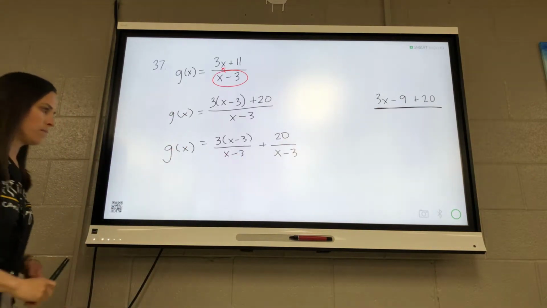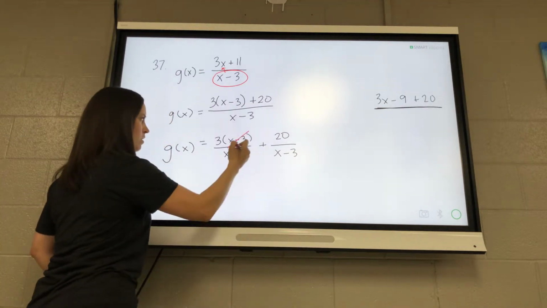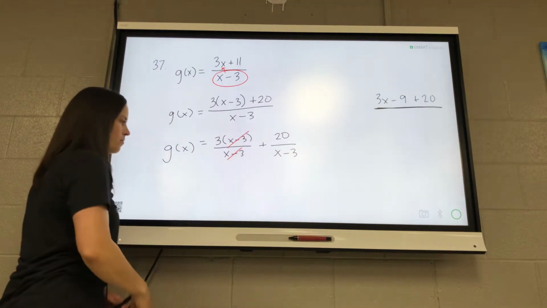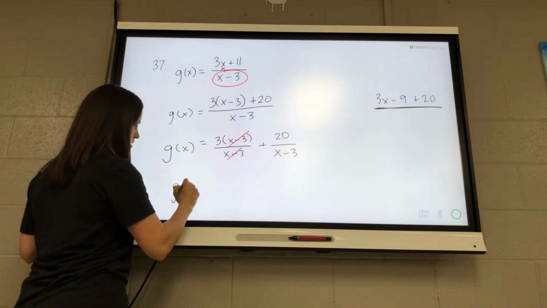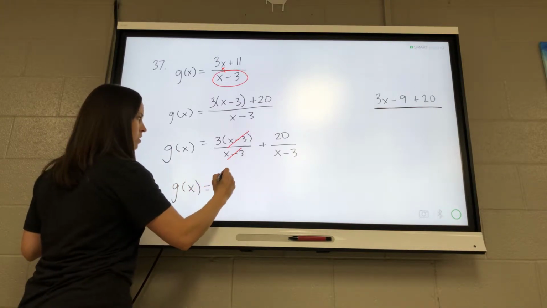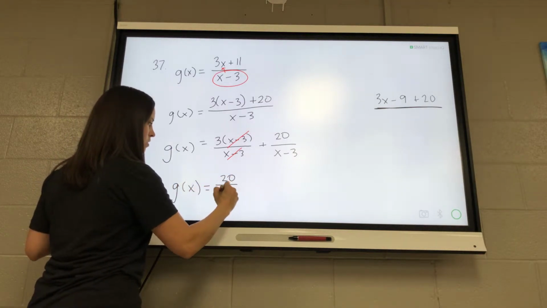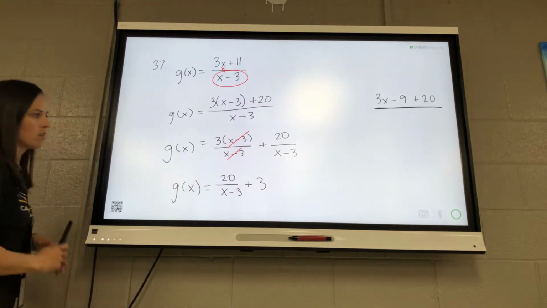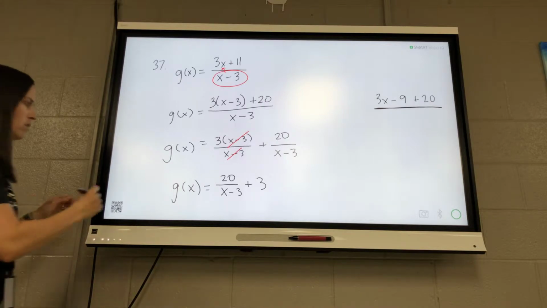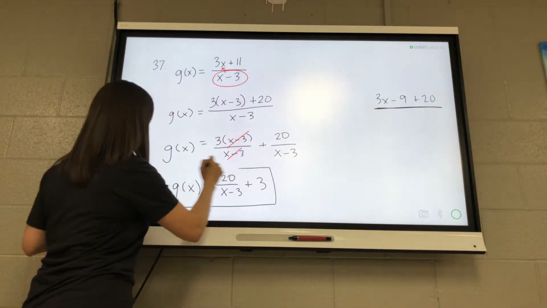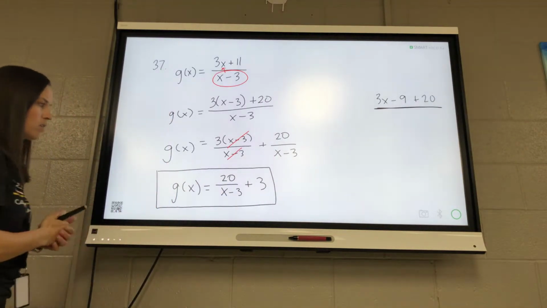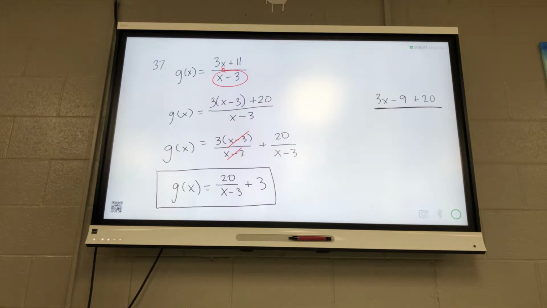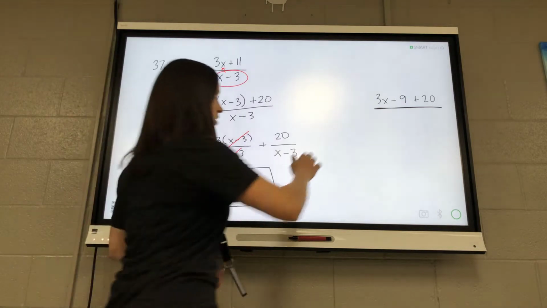You get 3. Which, if my calculations are correct, is exactly what you get if you divide them. It is. Yeah, if you want to check it, you can.